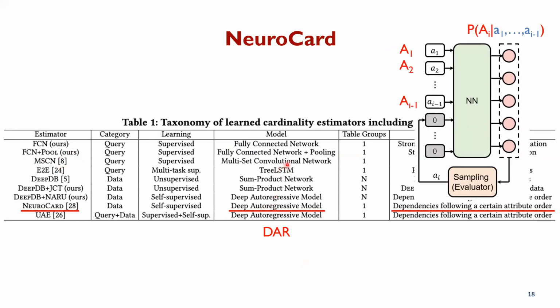NeuroCard is a data-driven method that uses a deep autoregressive model, we call DAR, and given an attribute order, it takes attribute values from A1 to some Ai-1 and outputs the conditional distribution for Ai given the previous values.